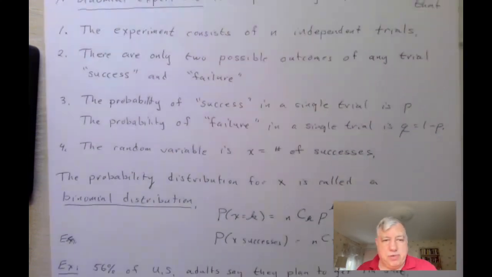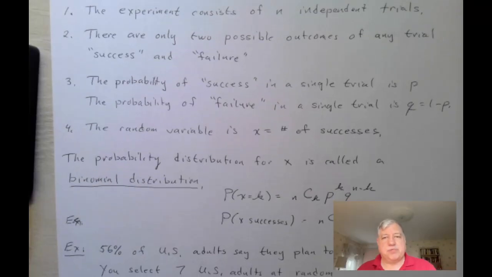And we're interested in the random variable x. It's the number of successes. We say the probability distribution for x is called a binomial distribution. Since there are only finitely many possibilities for x, x just ranges from 0 to n.